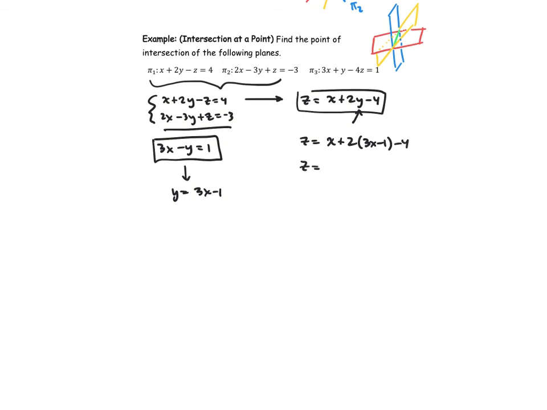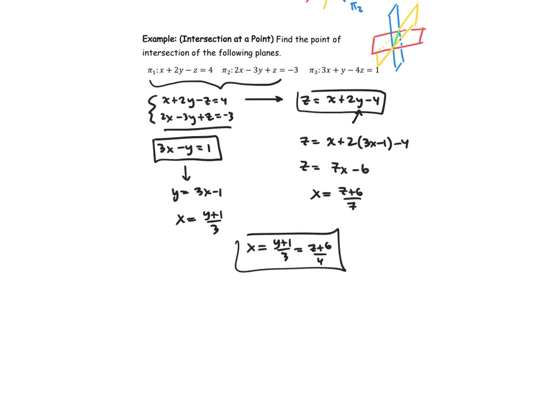Okay, so z is equal to, it looks like, 7x minus 6. Okay, so x is equal to, in terms of z, z plus 6 over 7. And x in terms of y over here would be y plus 1 over 3. So I can write the Cartesian equation of this line. x is equal to y plus 1 over 3 and z plus 6 over 4. There's the equation of the line of intersection of pi 1 and pi 2.